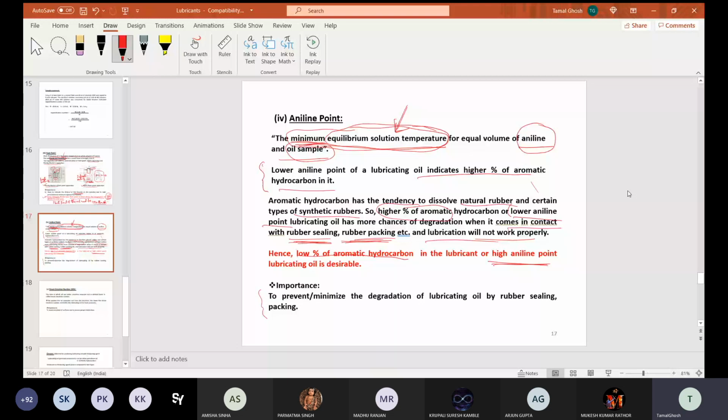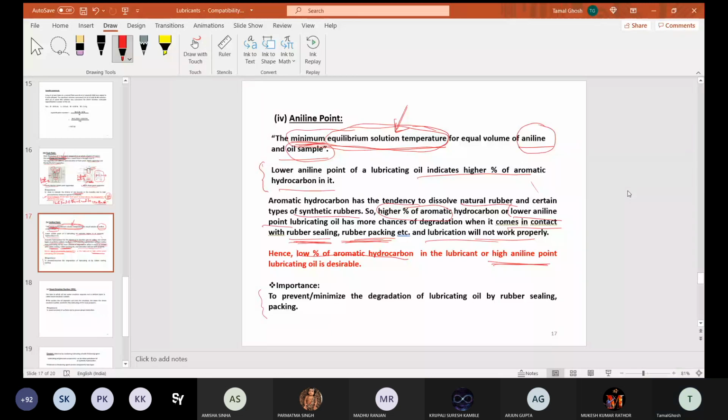We'll see in just a few slides, we'll start phase equilibrium, and there you will see. If they are mixing or miscible, that is one thing. But in many situations it may happen that they are not miscible at room temperature, but on increasing the temperature, they will make a single phase and become miscible.